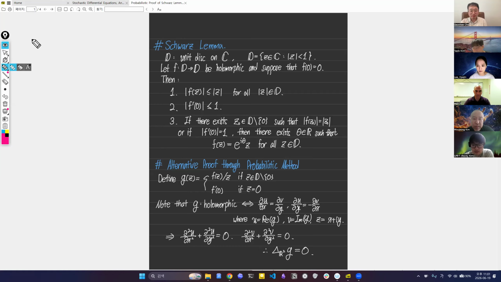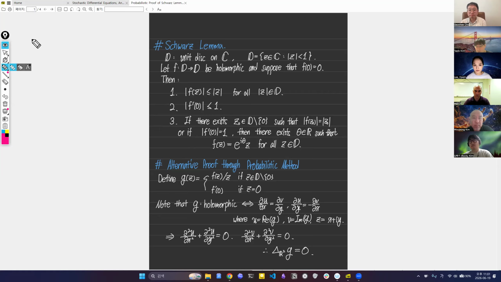In the earlier proof, we prove the Schwarz lemma through the maximum modulus principle, which was derived from the open mapping theorem.